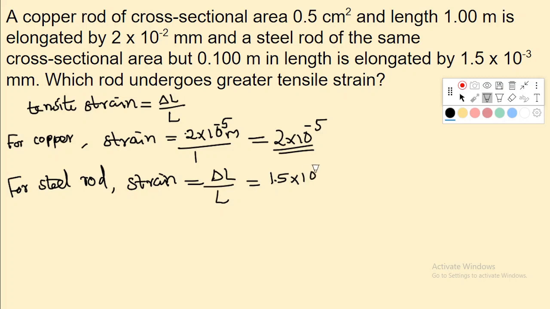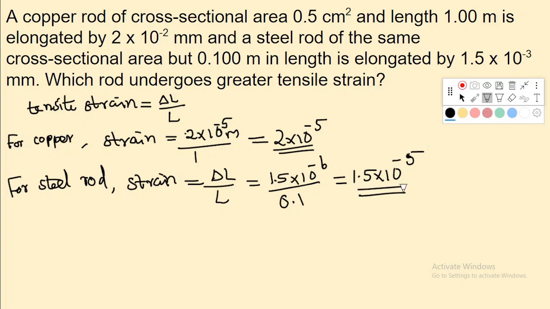When it is converted into meter, into 10 raised to negative 3 more, in total it is 10 raised to negative 6, divided by the original length, that is 0.1. 0.1 means into 10 raised to negative 1, so the 10 raised to negative 1 can be cancelled out. So the strain is equal to 1.5 into 10 raised to negative 5.